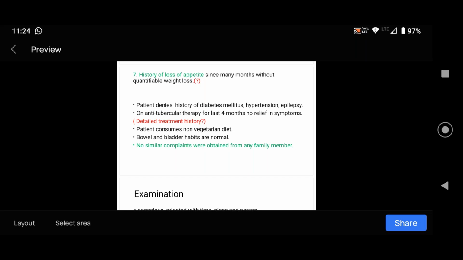Unless the appetite loss is very significant, if it is significant, there will be a commensurate weight loss, which means that the patient's loss of appetite was not very prominent. Maybe it was all part of the feeling low. Instead of taking 3 chapatis, he was taking 2 chapatis. He did not feel like eating. He would just miss a meal. But it was not very significant because he had not demonstrated any weight loss.